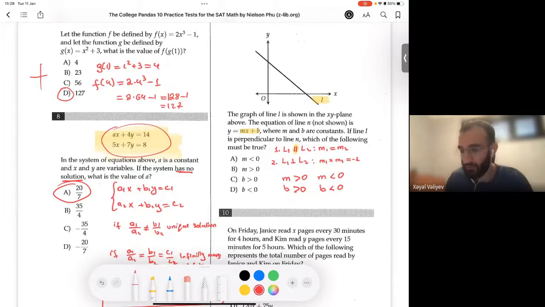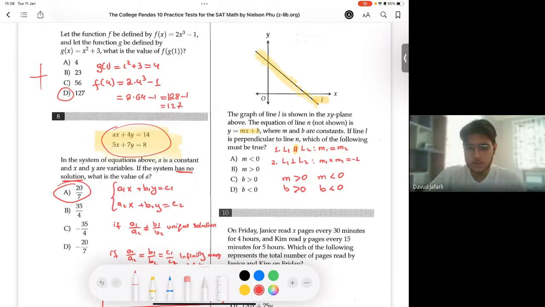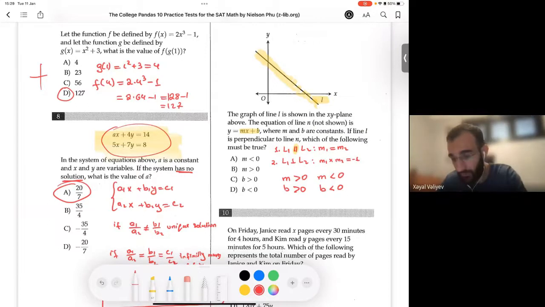Firstly, I'm just going to stick with the coefficient, I mean the slope. Let's just guess about the slope of this line L. It's negative, going down, decreasing.